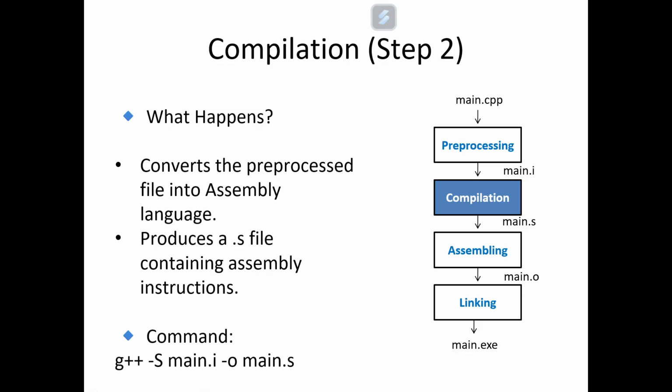Now let us compile the preprocessed file into assembly language, because in this compilation phase, this high level code gets translated into assembly language, and the output file is main.s. So let us run this command and produce the output file main.s. Let me go to the command prompt again.